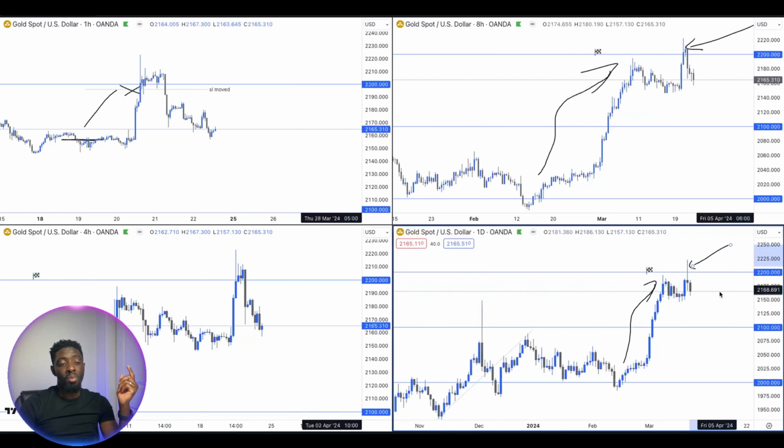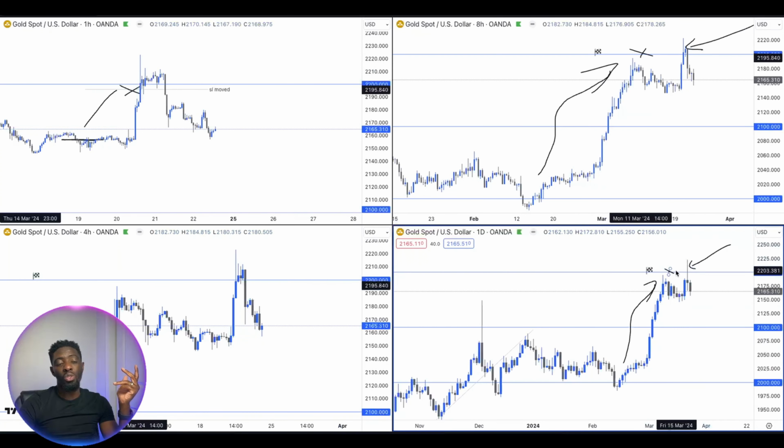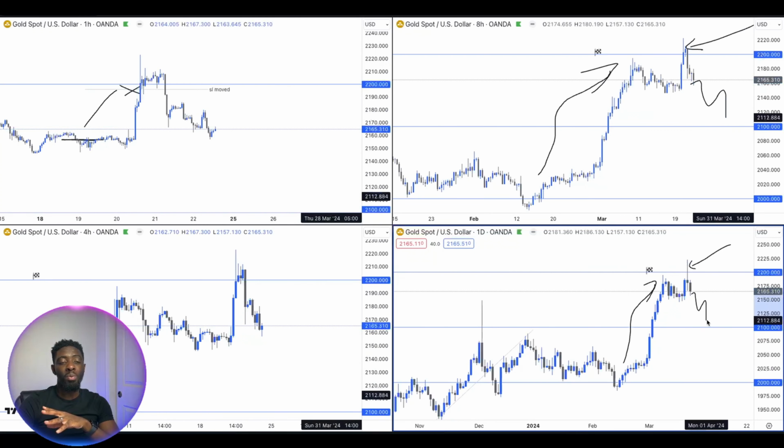So the daily time frame tells you we've had a test of this area of 2,200 and price is rejecting from this point. So there's a high chance, a high possibility, for price to drop to the downside to, say, 2,100 right here.